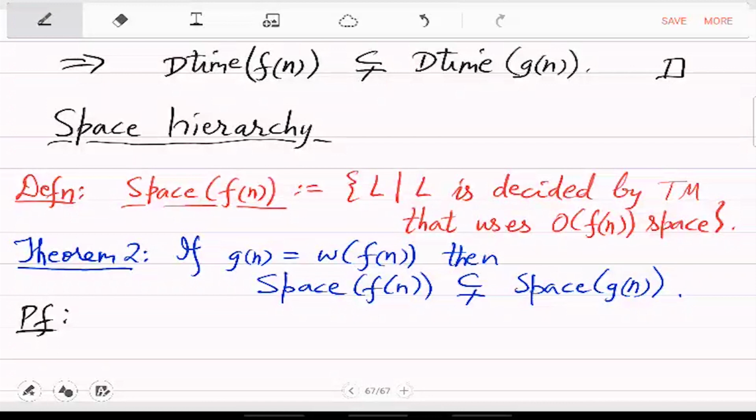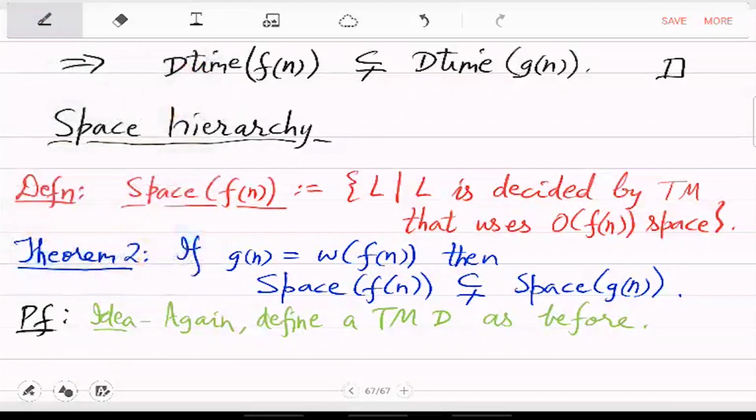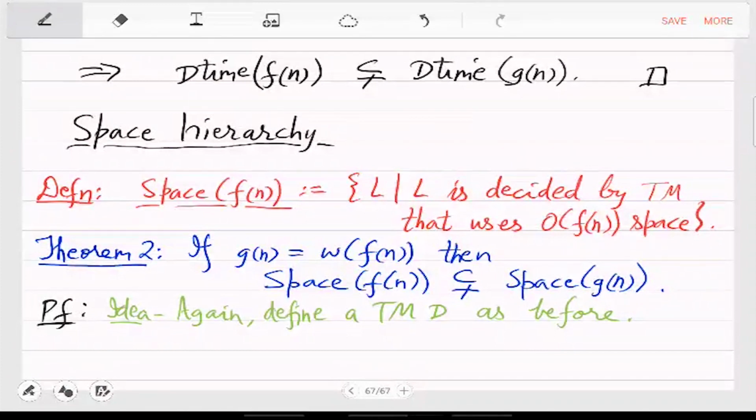So the idea is like before. So again, define a Turing machine D as before. And the advantage here is because of the simulation, as I said.